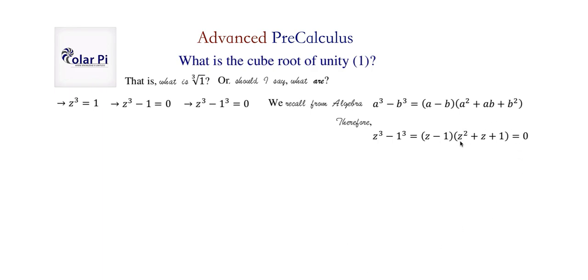And then we set the other factor equal to 0, and this is a quadratic, and we can solve it using the quadratic formula if all else fails. In fact, we can complete the square on this quadratic and solve it that way, but quadratic formula, why not? You plug into the quadratic formula, and you'd find that the 2 z's that we're missing are these 2.